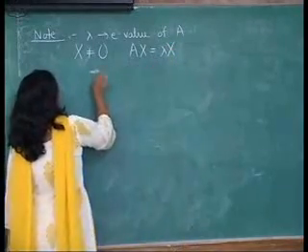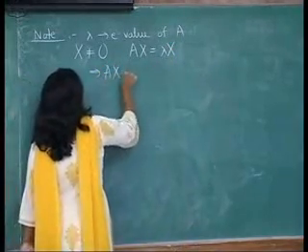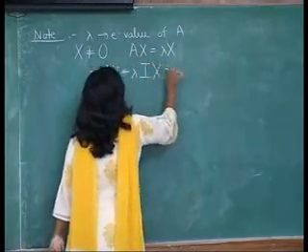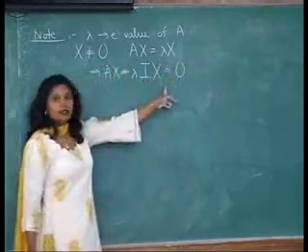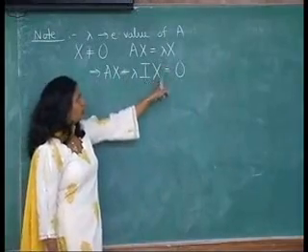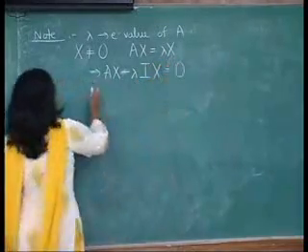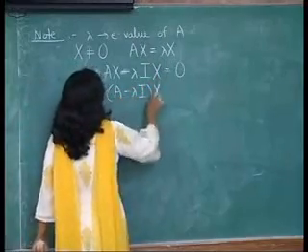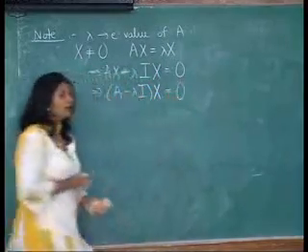In fact, I have done the simplification before. For x, I can always write identity times x, because identity into any matrix is the same matrix, and that means A minus lambda I times x is equal to 0.